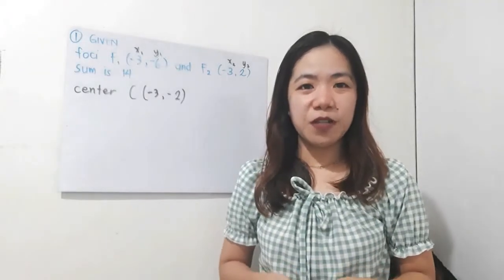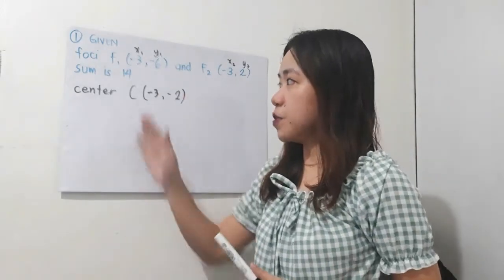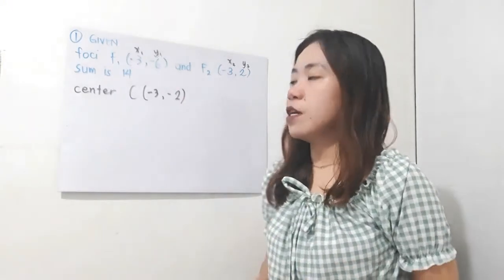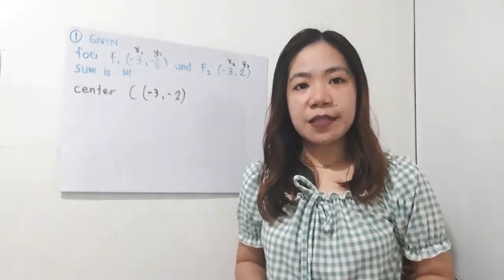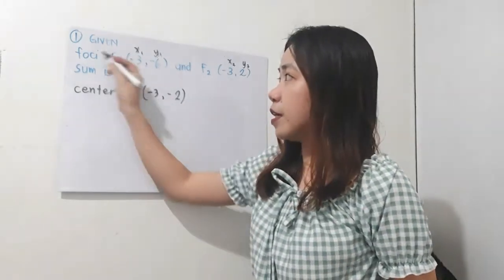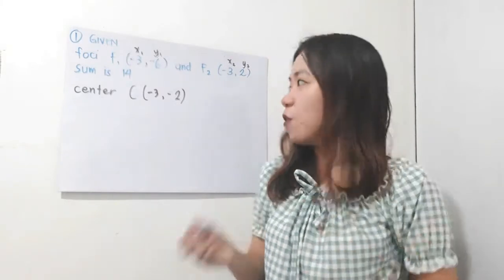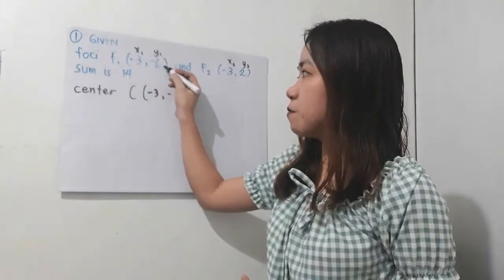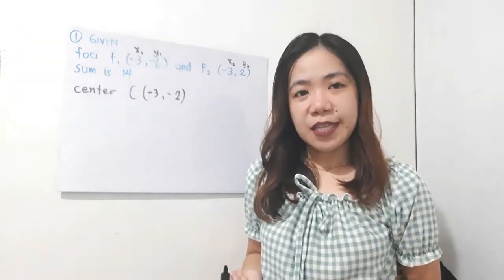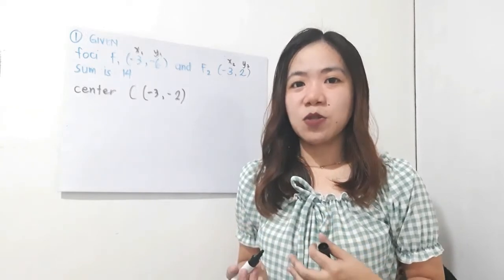Okay, this time we'll solve for c. Now, take note that we already have the center C at (-3, -2). Now, remember that the value of c tells us how far each focus is from the center. Now, how far is (-3, -6) from the center (-3, -2)? That is 4 units, correct? So c is equal to 4.